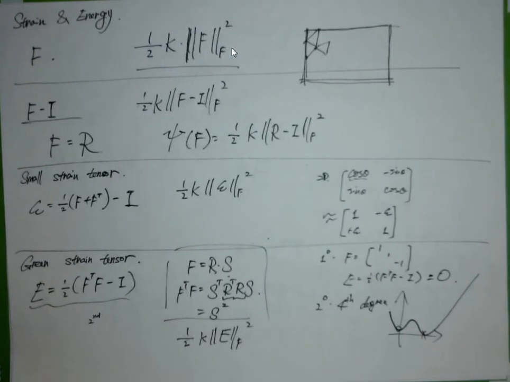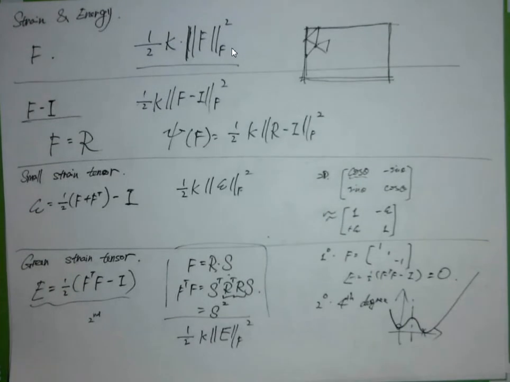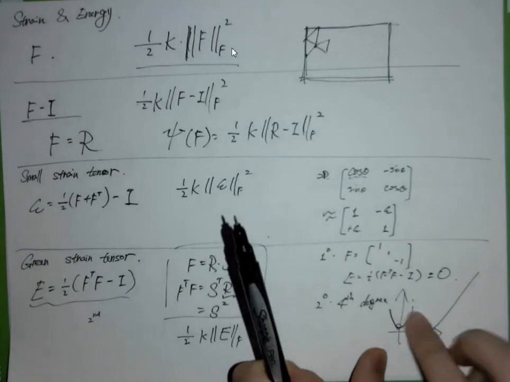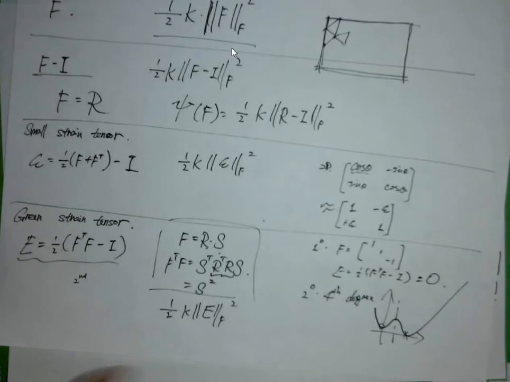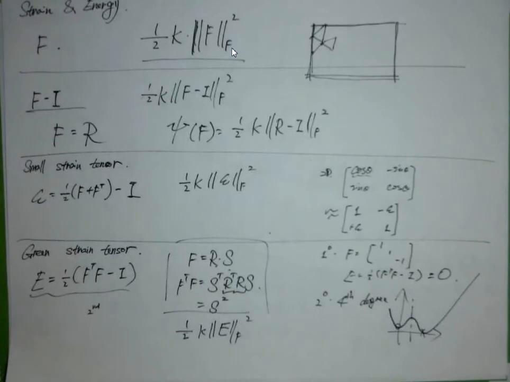So if you compress the material too much, the material will tend to go to another local minimum instead of this global minimum. If under a really large compression, the material will collapse into a point.